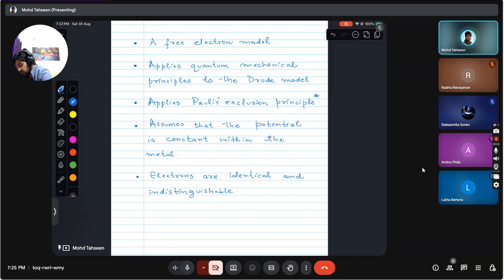And this assumption is the same as saying this, right? The second assumption applies quantum mechanical principles to the root model. Since we are applying the quantum mechanical principles, all the electrons will be treated as indistinguishable. So this follows from the second assumption.